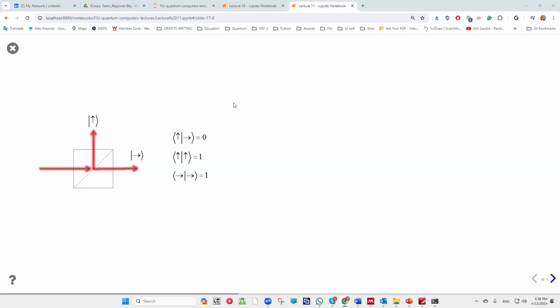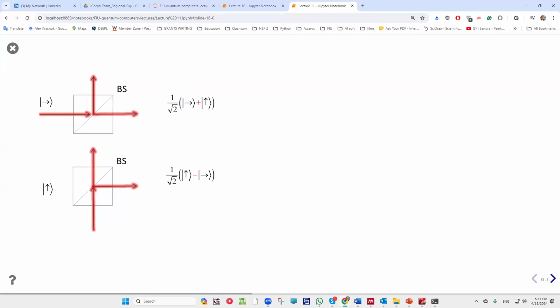Okay, and these two states, of course, are orthogonal. Obviously, they are orthogonal. That's why we can write something like this. For the orthogonal vectors, we can normalize them, these two vectors, to give 1 for the square of their amplitudes.